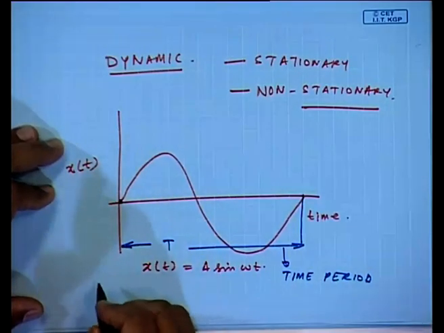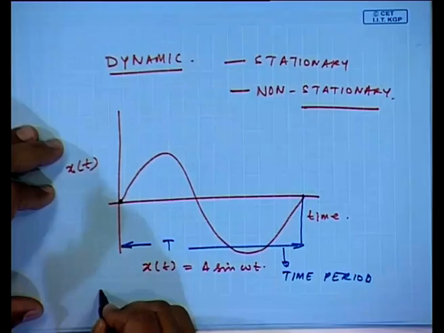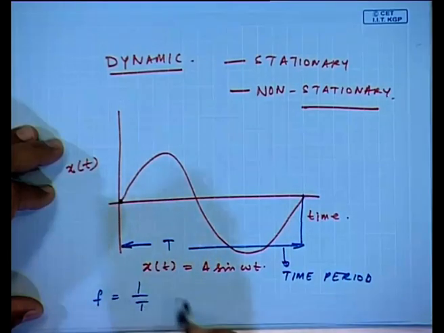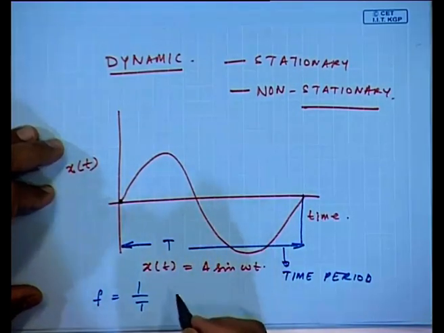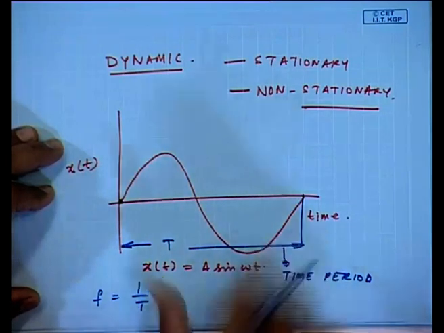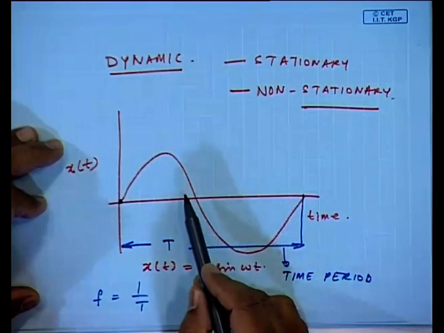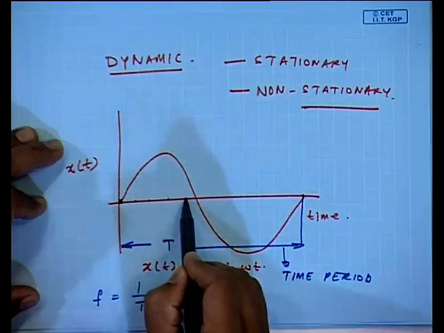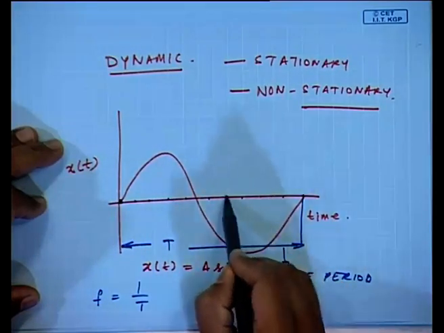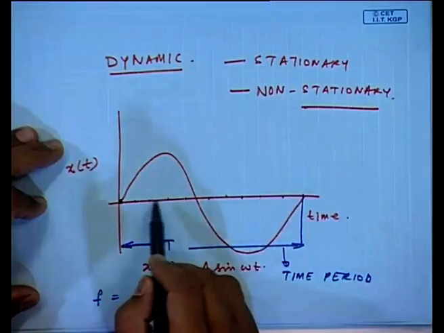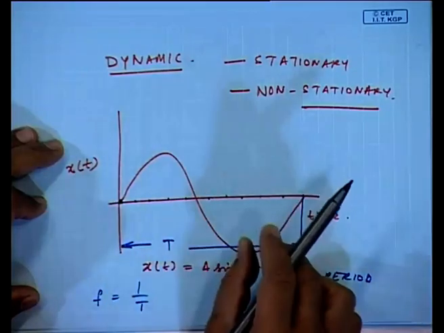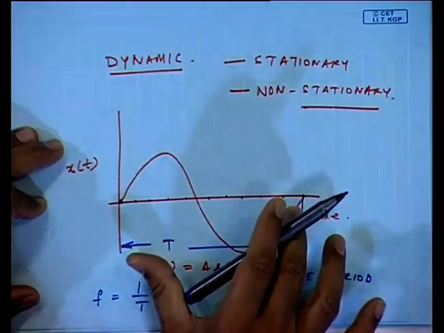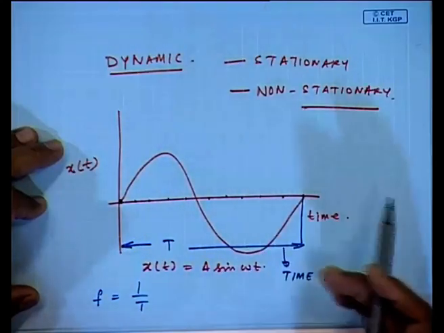The frequency of the signal is f is equal to 1 by T. There is an inverse relationship between the frequency and time, and that is in the time domain. If such a signal was given to me on an oscilloscope, I could count the number of divisions and multiply them with the units per division, and then get the time period. The inverse of it is the frequency.